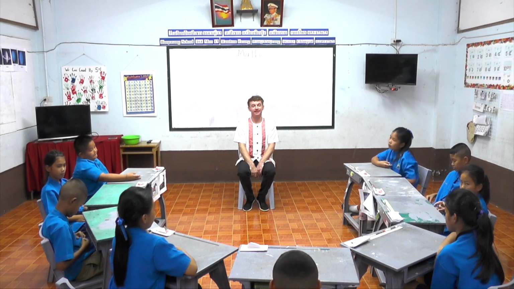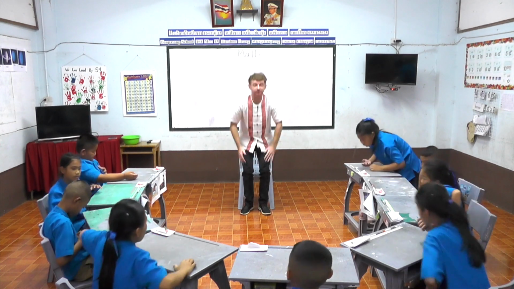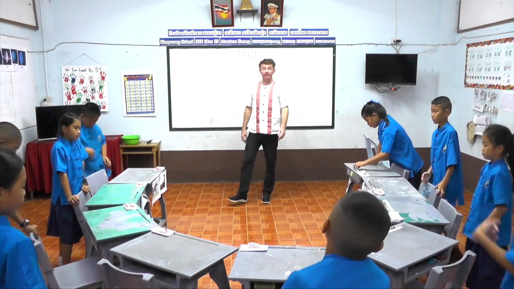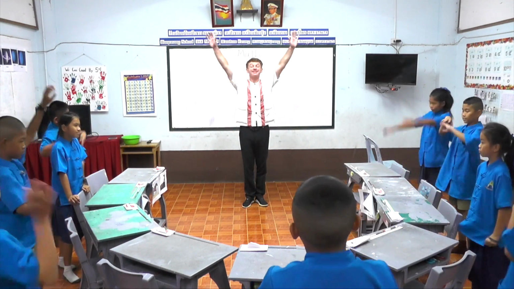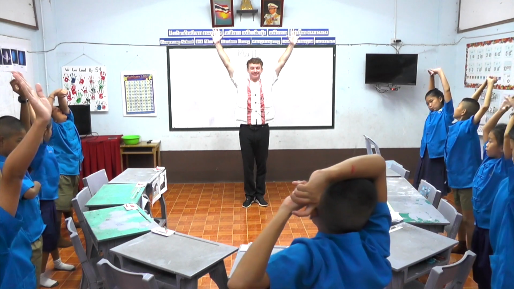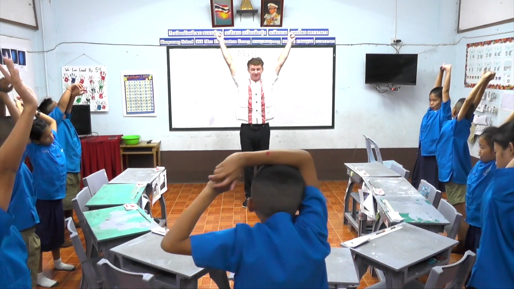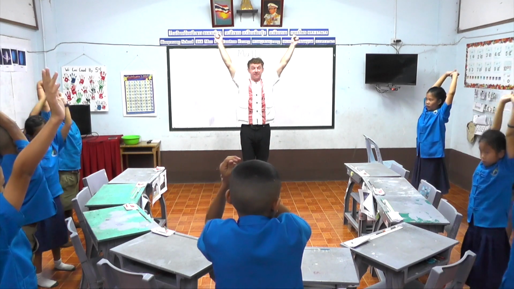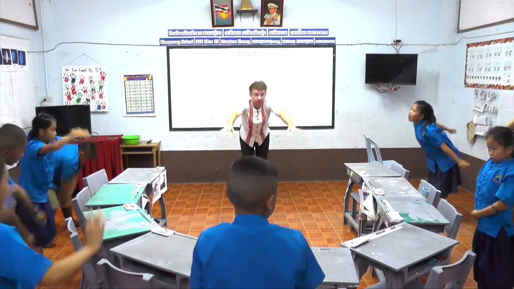Excellent. Next we'll do our stretch sequence. Let's stand up and push in our chairs. We'll begin by stretching up high to the sky, high as we can. Then let's go down low and touch our toes.